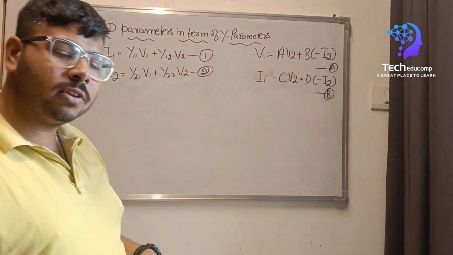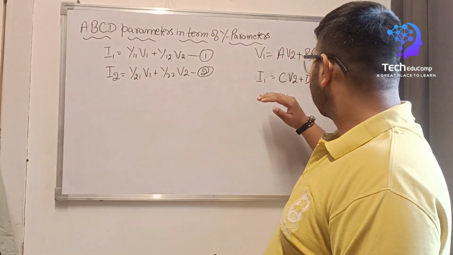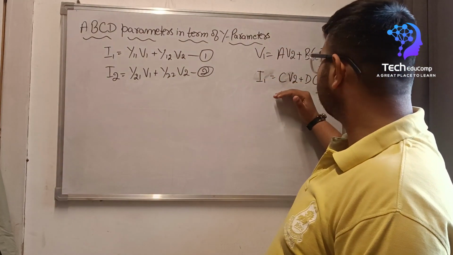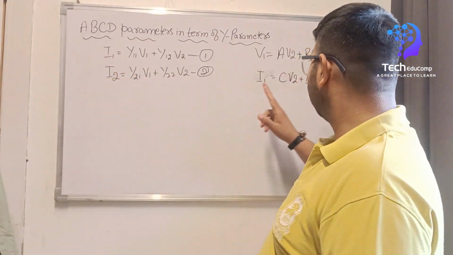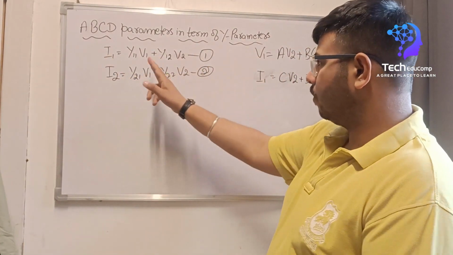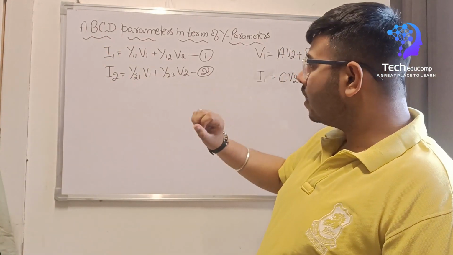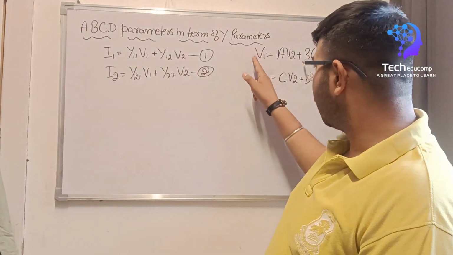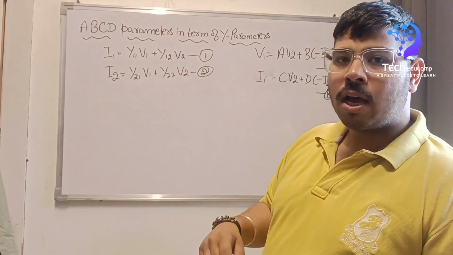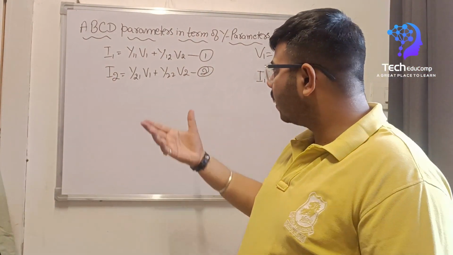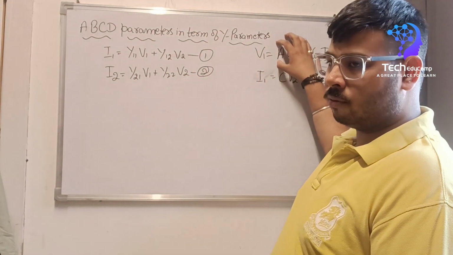When you compare, equation 1 and equation B are somewhat similar, because on the left hand side I have I1 here and I1 here. But when we compare equation 2 and equation A, you notice that we have only I2 here and V1 here. So we can use this equation and write in this form.